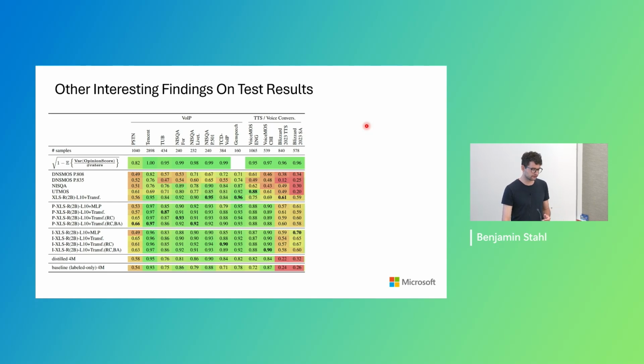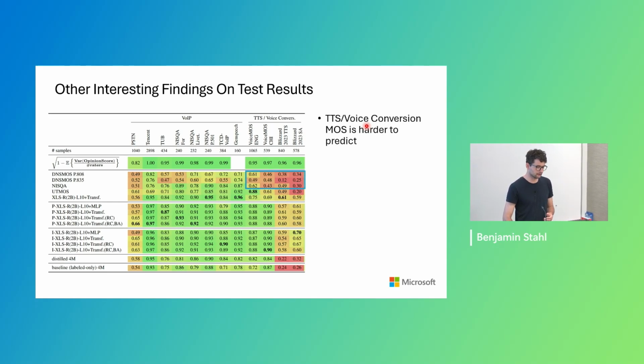I have some other interesting findings on the test results. So I already mentioned earlier that text-to-speech voice conversion MOS is harder to predict than voice over IP or speech enhancement signal improvement MOS.